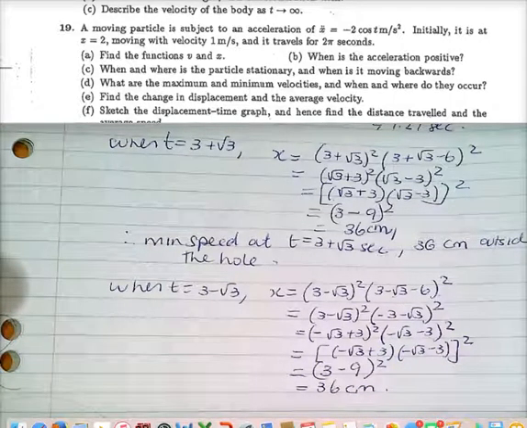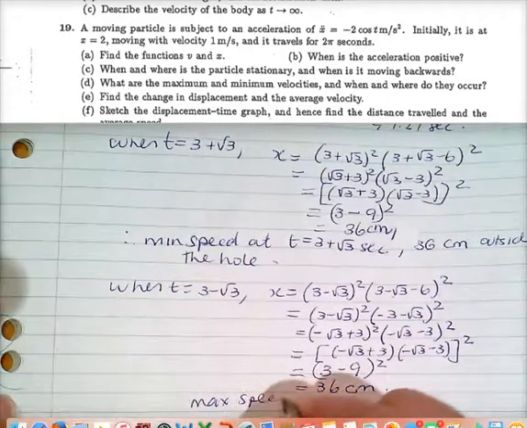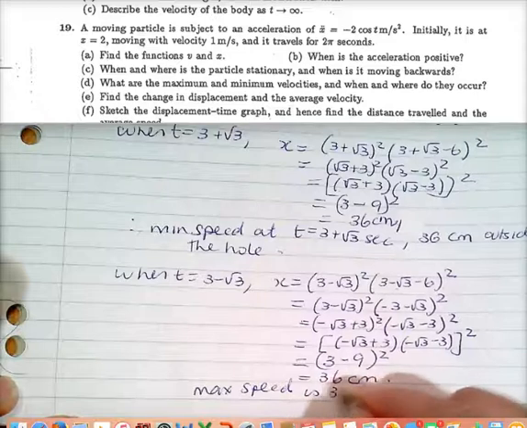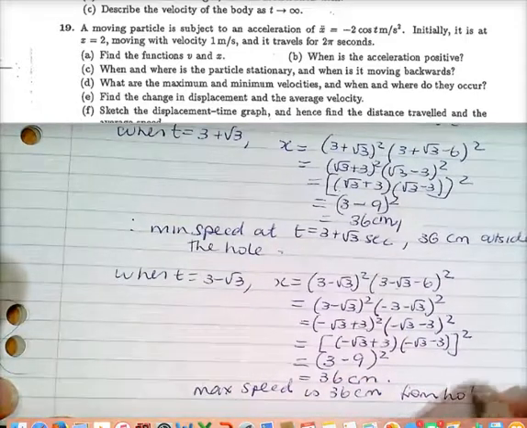So this will be the maximum speed as well, 36 centimetres from the hole.